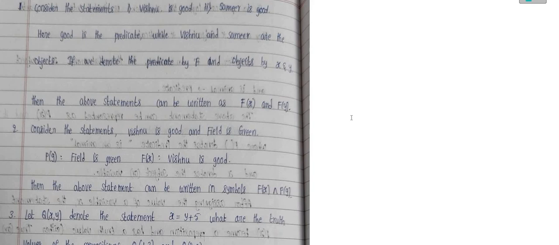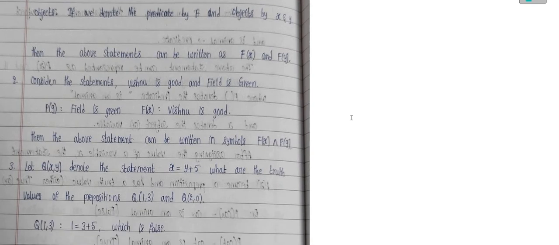The symbol for and is an inverted V. That's why the statement can be written in symbols as F of x and P of g.